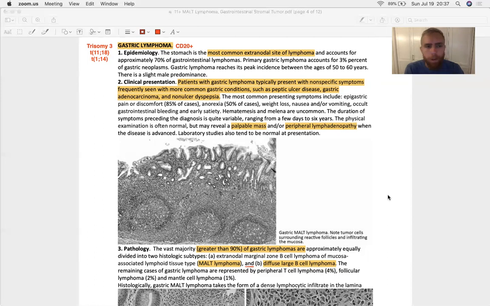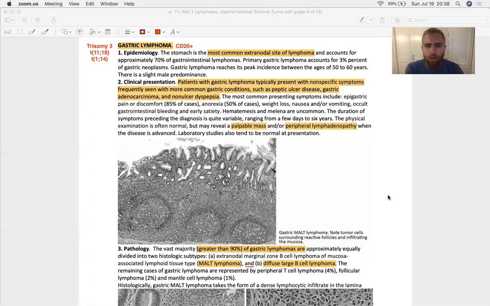These things are CD20 positive, and they've got 3 genetic associations you need to know. The stomach is the most common extranodal site of lymphoma. So again, it's a MALToma, not a nodal lymphoma.